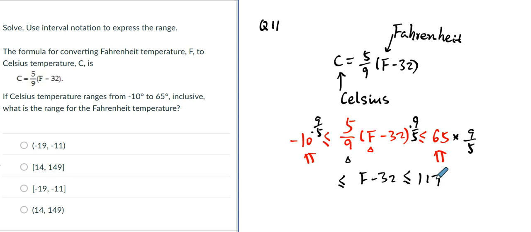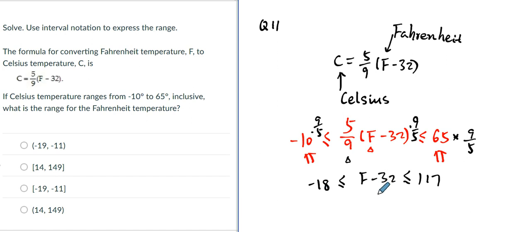117. Now here you should have -18. -10 divided by 5 is -2 times 9, that's -18. Okay, keep going.